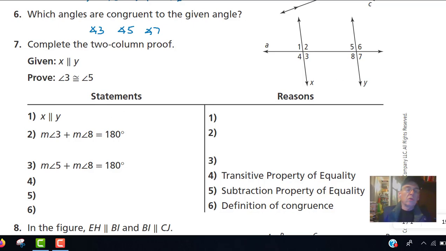So the first thing we're going to do is start with the given. We have x parallel to y, so I'm going to mark them as parallel. Now we have parallel lines cut by a transversal. Angle 3 plus angle 8 are same side interior angles. So same side interior angles are supplementary.